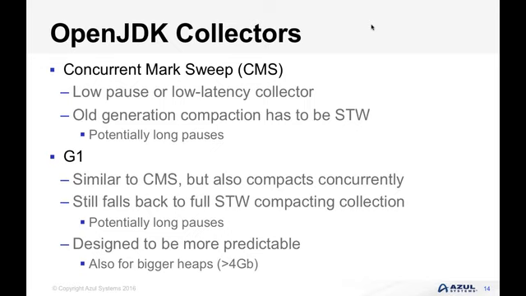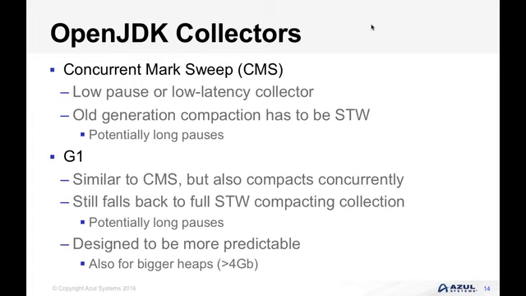It will mark all of the immediately accessible objects that the application threads have. It will then restart the application threads and allow them to continue doing their work. At the same time, the garbage collection threads will follow the references from the root set, as it's called, and build up a graph of all the live data from that root set.